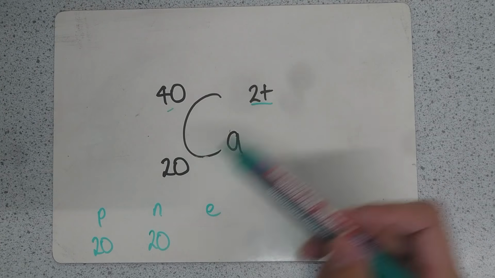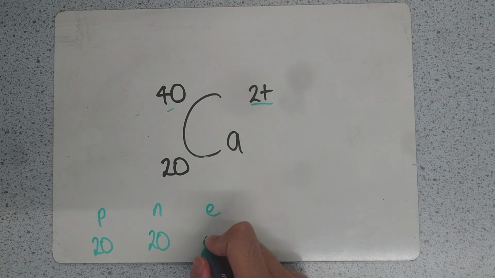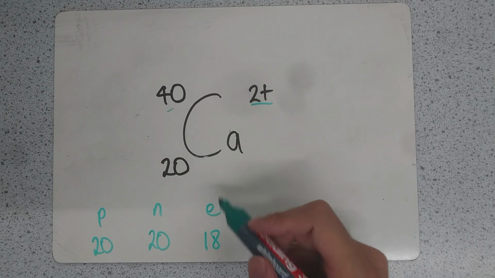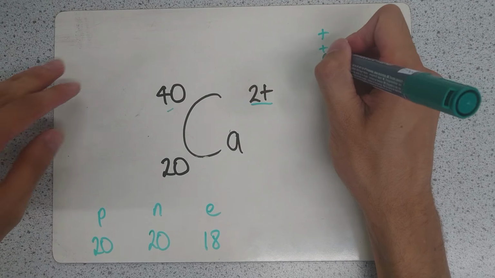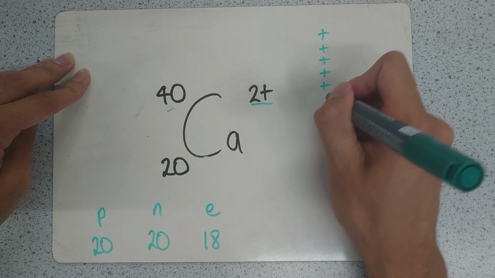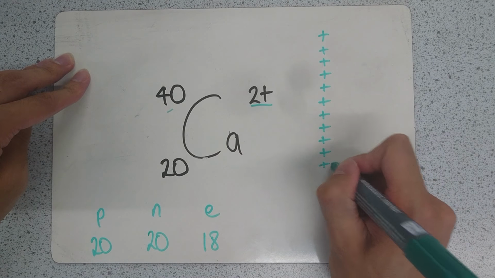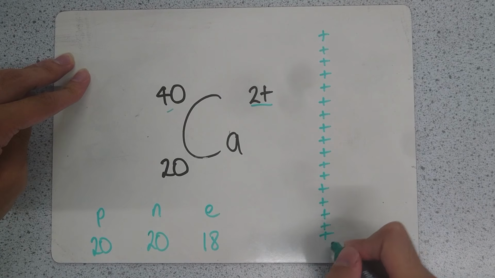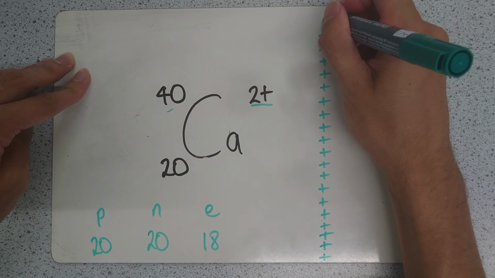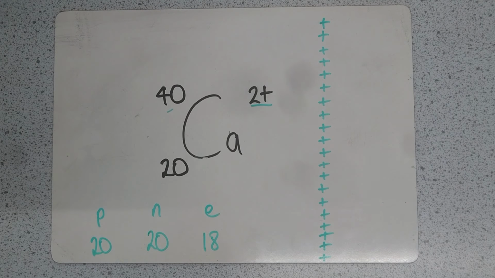So we have a look at this, we know it's 2+, we know we had 20 protons, so we must have 18 electrons. Each proton gives a positive charge. So there's our 20 protons, all given a positive charge.